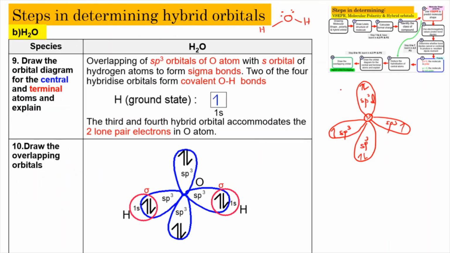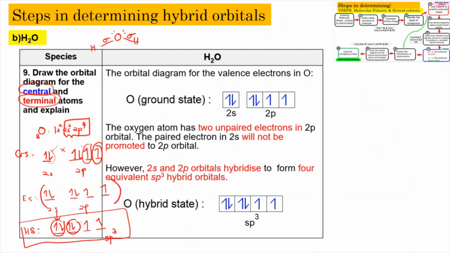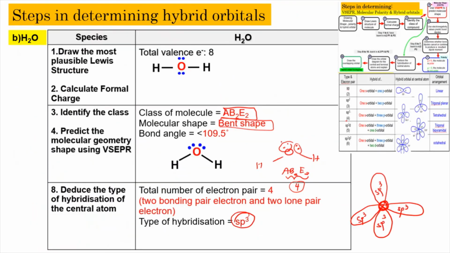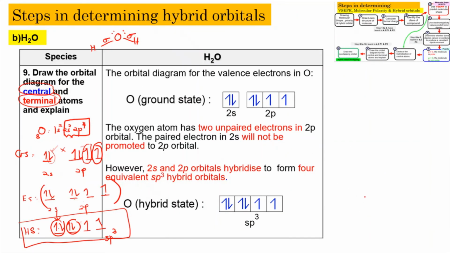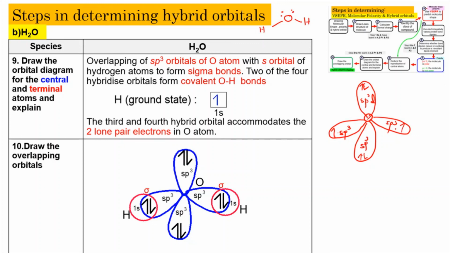So it is consistent with our hybrid orbital that we have drawn: 1 and 2, 1 and 2, and then sp3, 1 and 1, sp3, 1 and 1. Okay, and then for the hydrogen terminal atom, we're going to have 1 electron. So you're going to have a 1s orbital with a spherical shape, and it's going to overlap with the 1 single electron here in order to form a sigma bond.